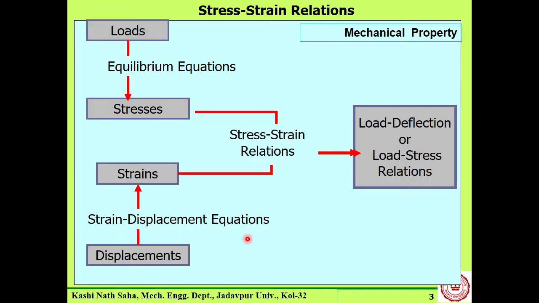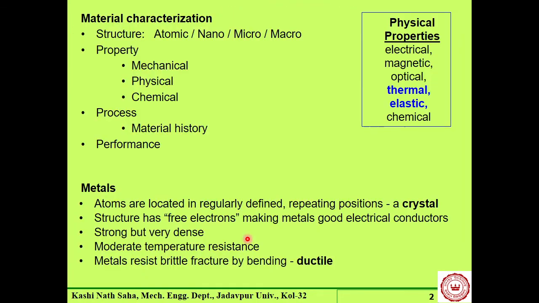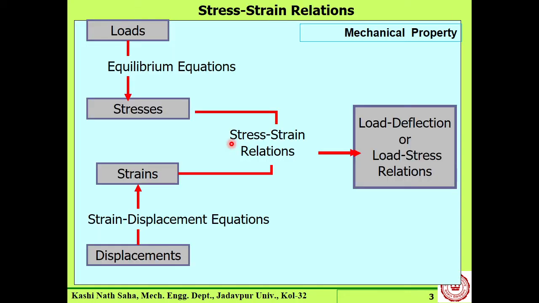This is what we will be discussing, and then see what is the role of these mechanical properties or this material characterization. What we are going to discuss here is the mechanical properties of materials, and these properties are needed to establish the relation between stress and strain.